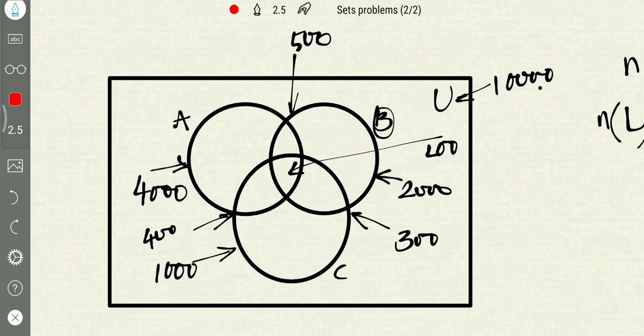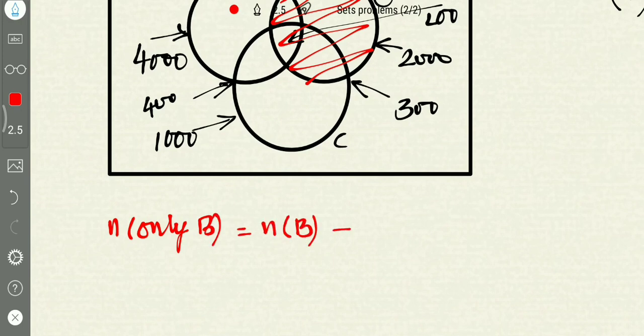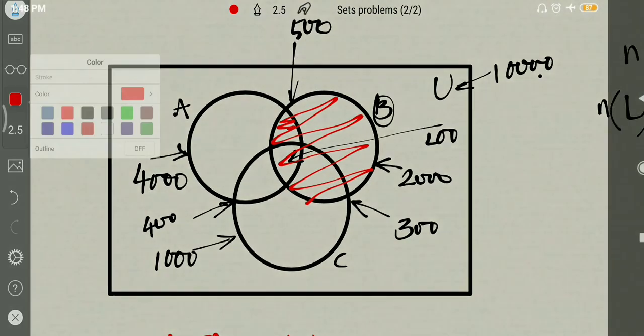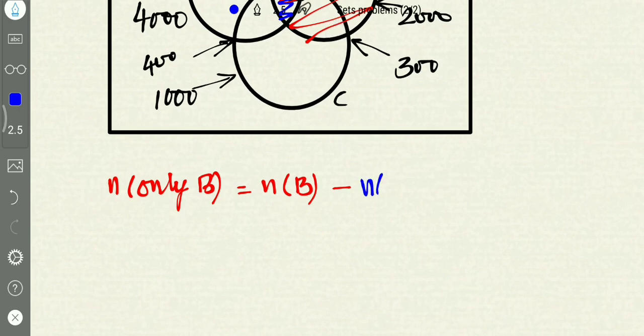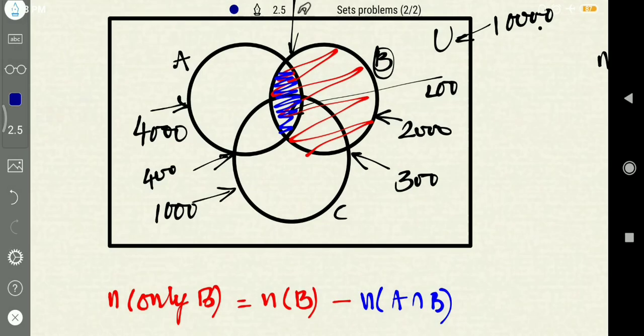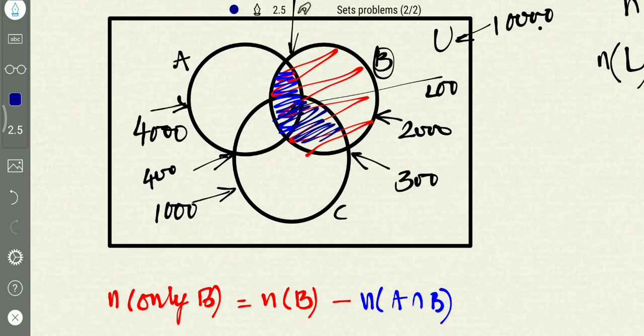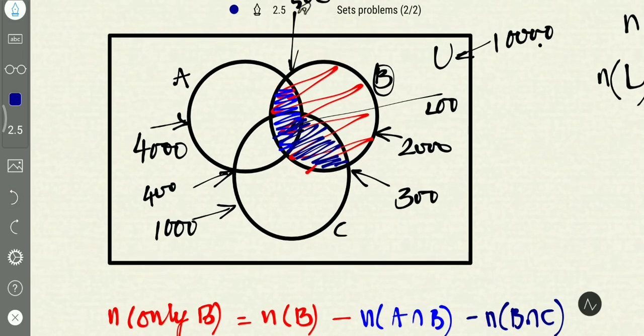First we take that area, so n of only B is equal to n of B. Next we subtract n of A intersection B, and we subtract n of B intersection C. While subtracting these two, we are subtracting A intersection B intersection C two times.